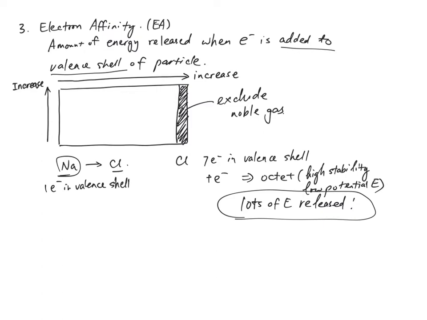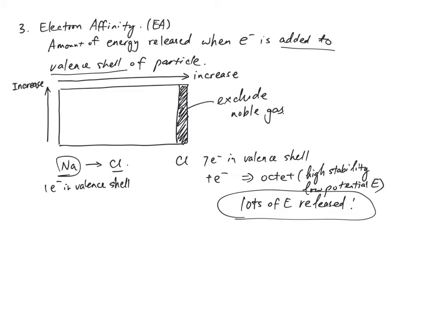When you add another electron, each time you add an electron, by default you're going to release some energy. But is adding one electron going to matter that much to sodium? I want an octet.